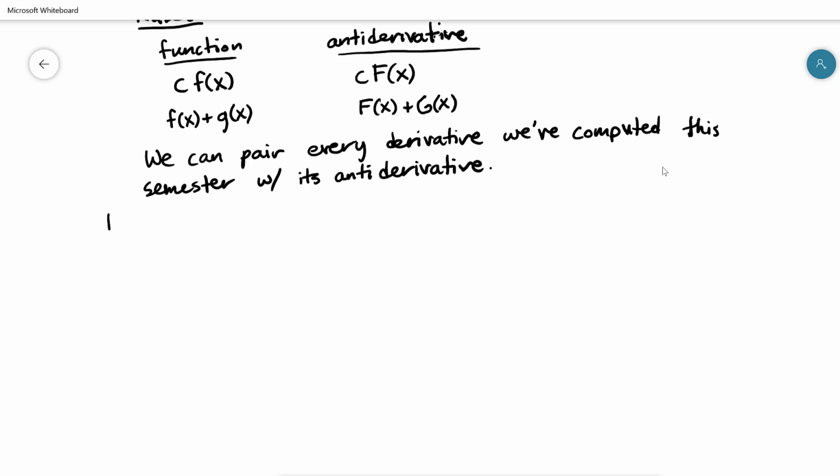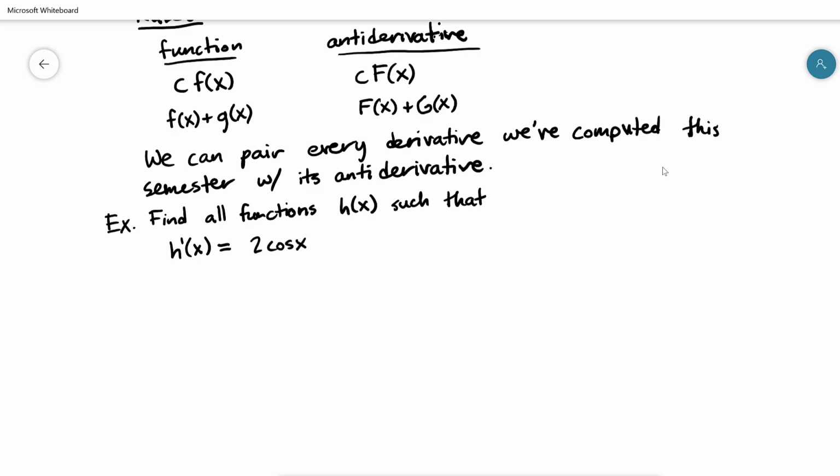Let's do an example where we can put a few of these into play. Let's say I want to find all the functions h of x such that h prime of x, the derivative, is 2 cosine of x minus, let's say, 3x squared minus 2 times the square root of x, that whole piece over x.